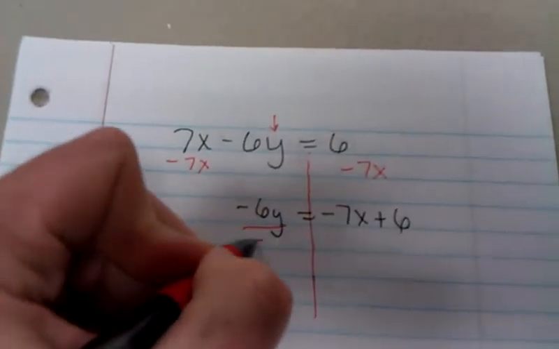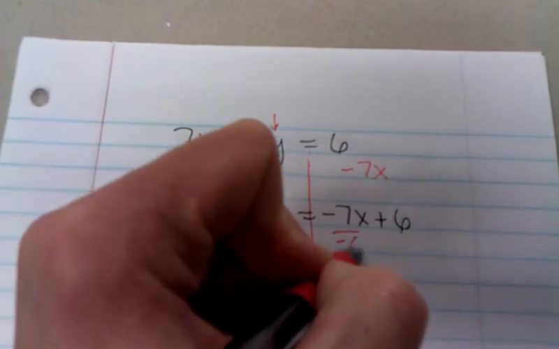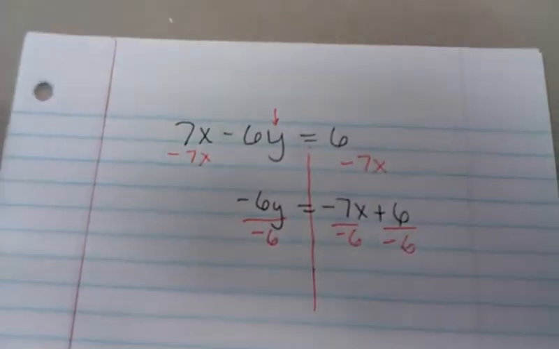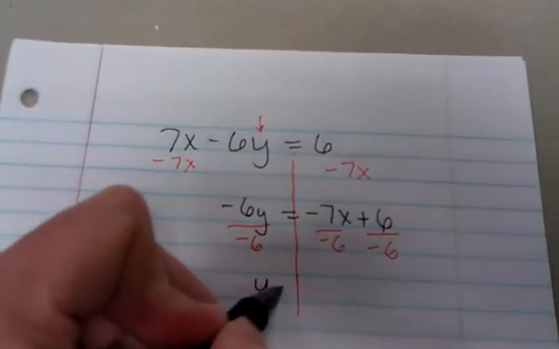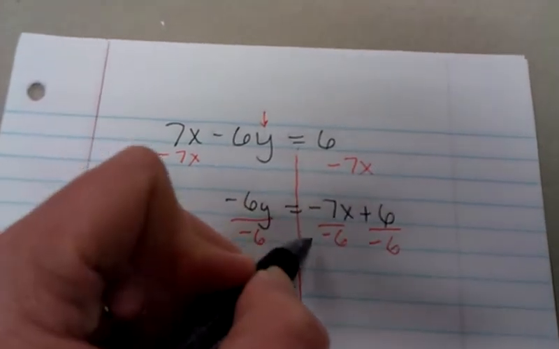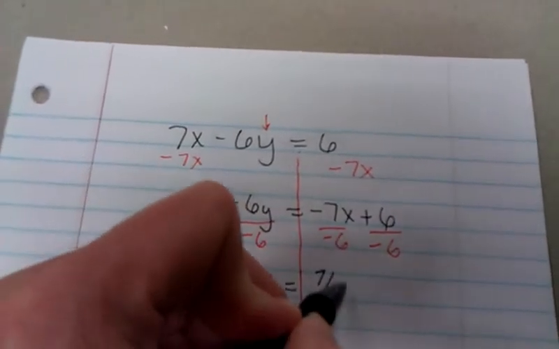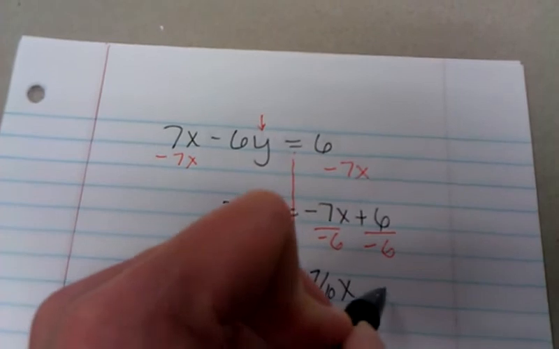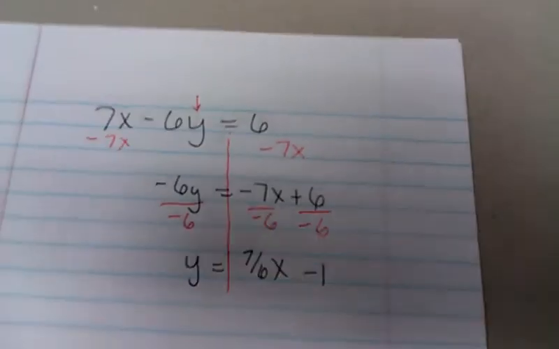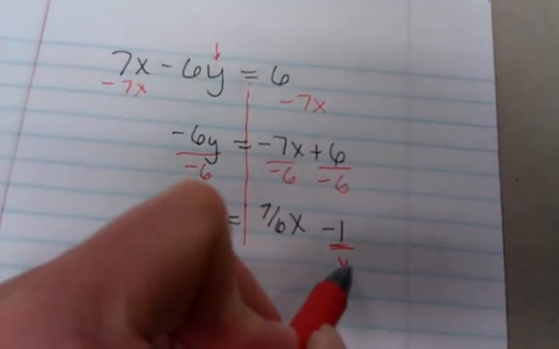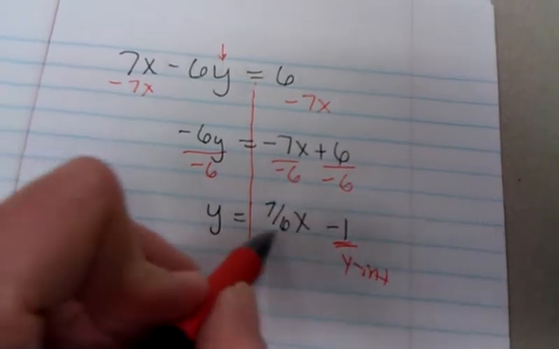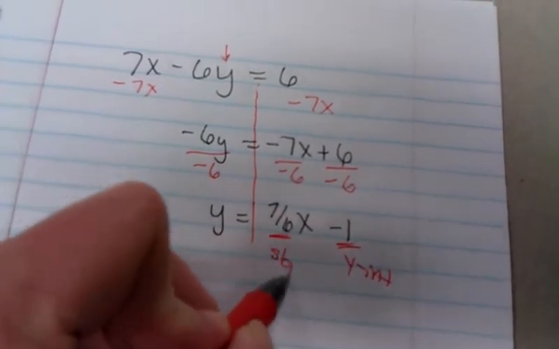I will divide by negative 6. I get y equals, a negative divided by negative is a positive 7/6, and that's a negative 1. Again, here is my y-intercept, and 7/6 is my slope.